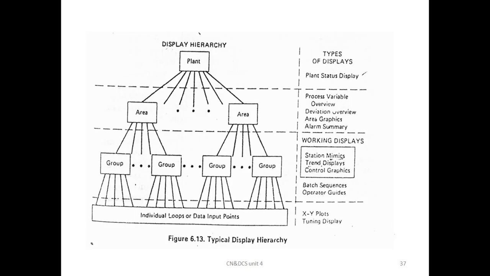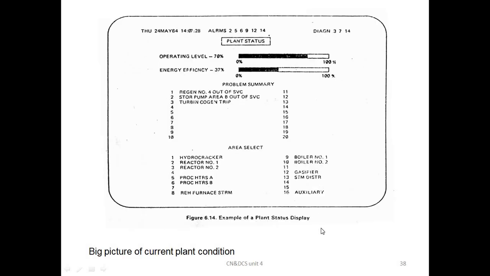Here the operator displays hierarchy: plant area, group, then types of displays: plant status display, process variable overview, derivations, then overview, graphical alarm summary, working displays, station front display, control graphics, batch sequence of operator, XY plots, tuning display.